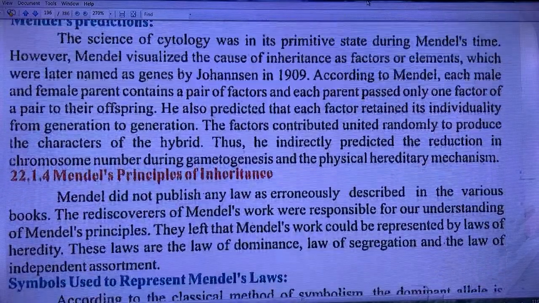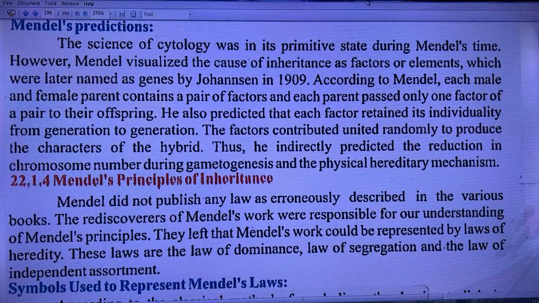Mendel's predictions. The science of cytology was in a primitive state during Mendel's time. However, Mendel visualized the cause of inheritance as factors or elements, which were later named genes by Johannsen in 1909. According to Mendel, each male and female parent contains a pair of factors, and each parent passes only one factor of a pair to their offspring.